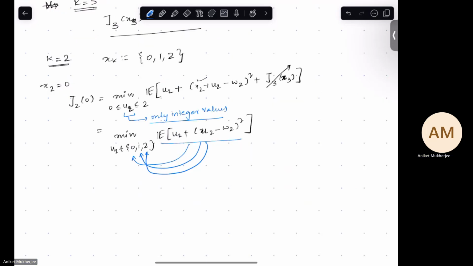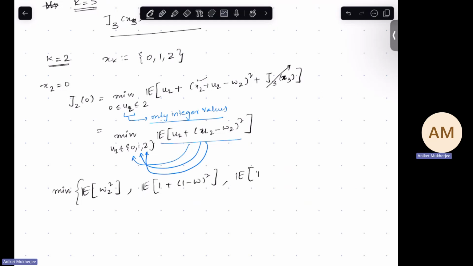So it basically becomes the min of: evaluate this expectation at 0, so expectation of W2 square, comma, expectation of (1 plus 1 minus W2) square, expectation of (2 plus 2 minus W2) square.